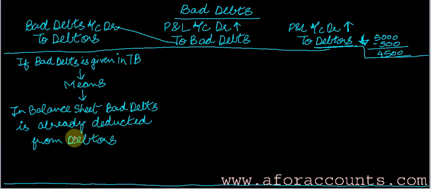This is a very important point. If you get bad debts in the trial balance itself, don't go and again deduct it from the debtors in your balance sheet.